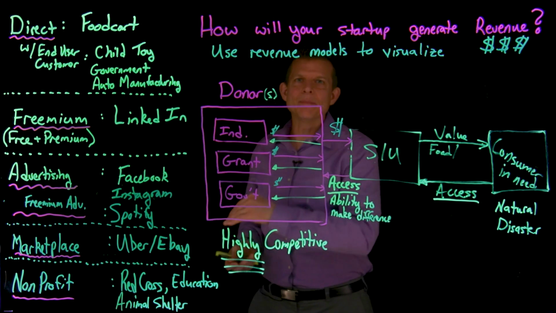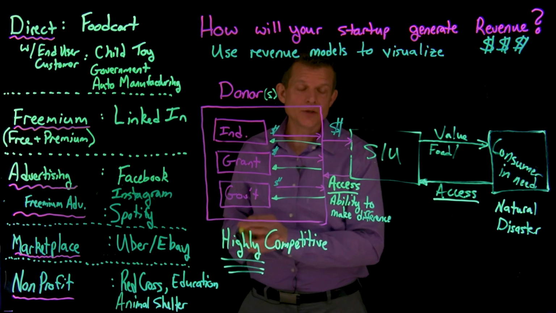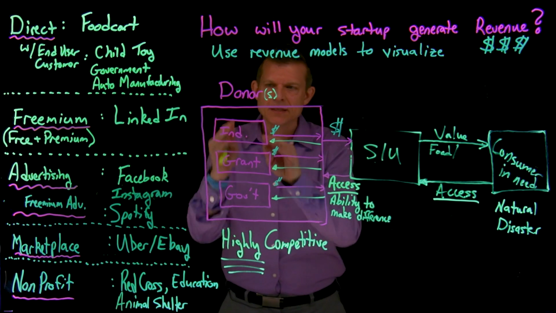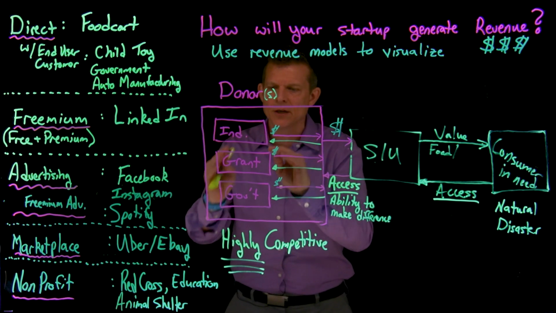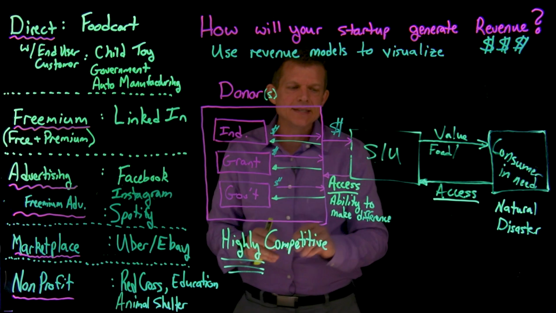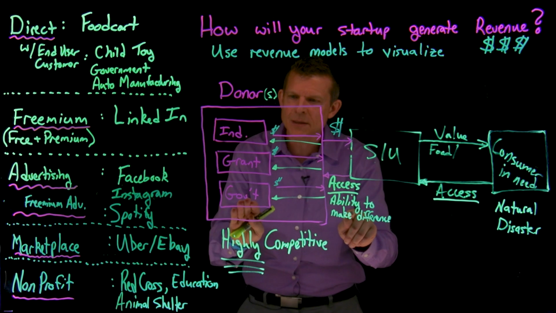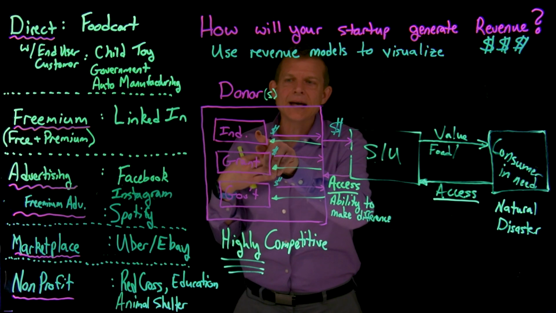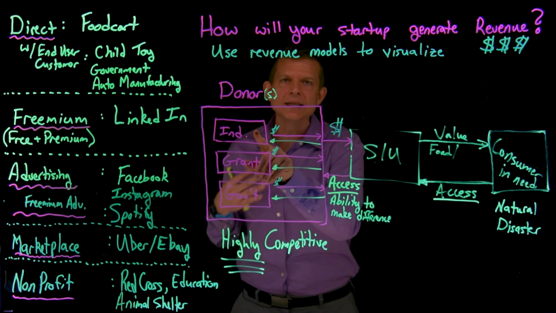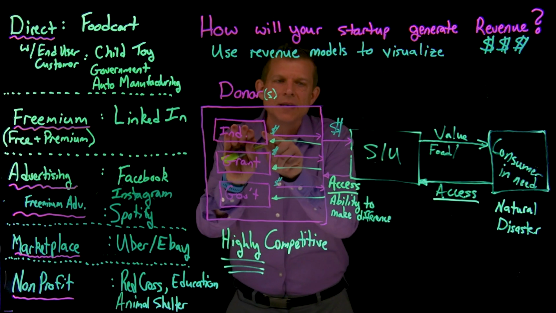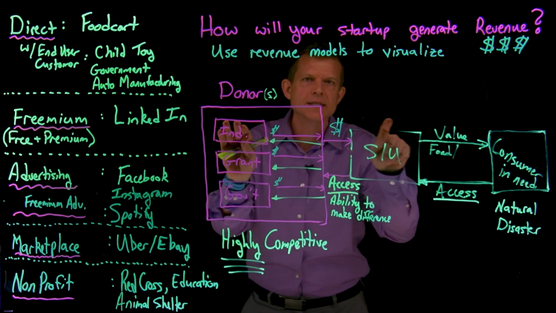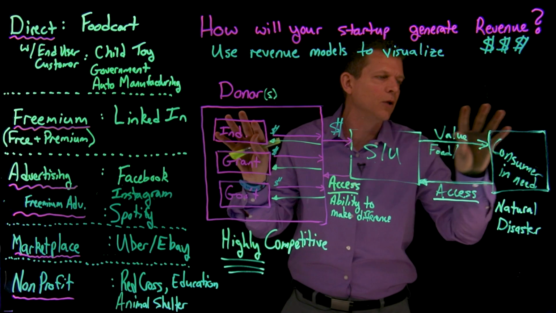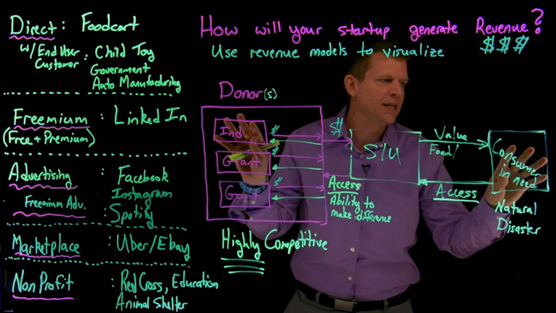Well, what are we giving them back? Interesting question, right? Really, what we are giving back to the individuals, the grant writers, and the government is the ability for them to make a difference over here because, frankly, I can't help these people as an individual. So I'm going to give my $5 to this startup so that they can send food and clothing to these consumers in need.